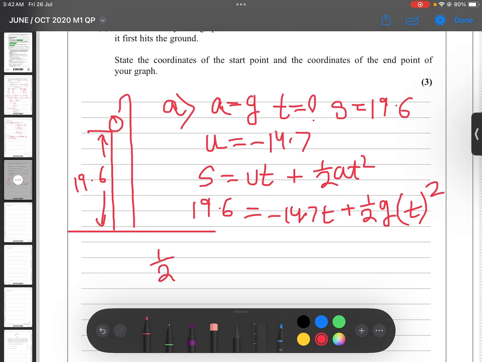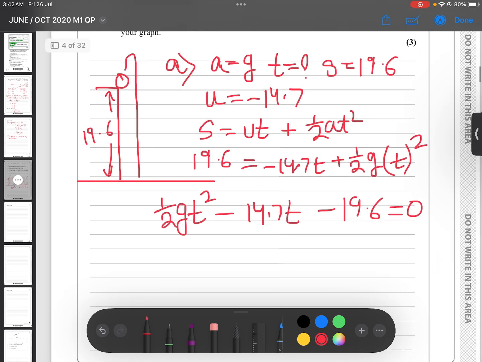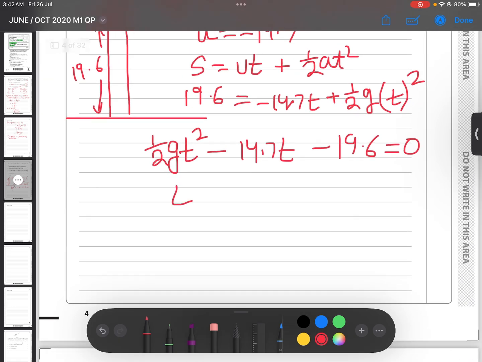I'll write it in the form of a quadratic equation: half g t squared minus 14.7t minus 19.6 is equal to 0. Simplifying this, we'll get t value equals 4 seconds.